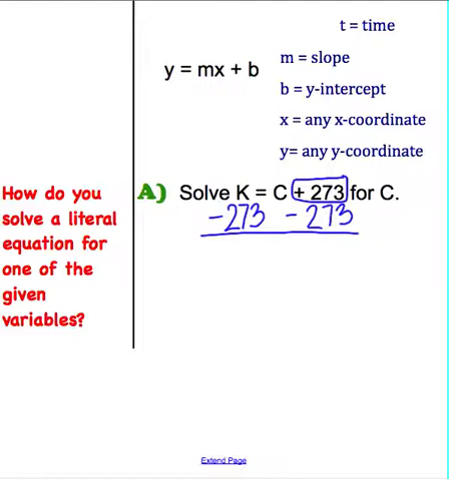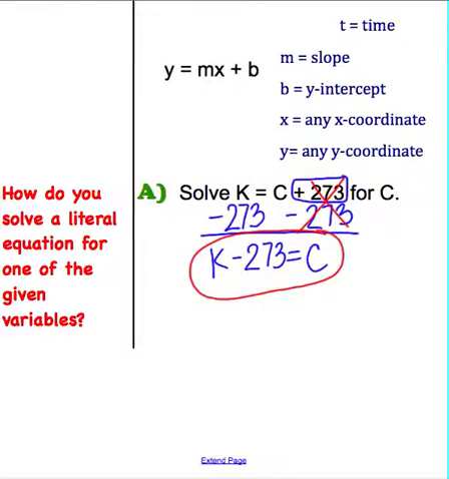After I cancel out the 273 minus 273, I'm left with C on the right-hand side. Now, I can't subtract 273 from K, so I'm going to just leave it as K minus 273. And that is it. K minus 273 equal to C is what we're looking for.